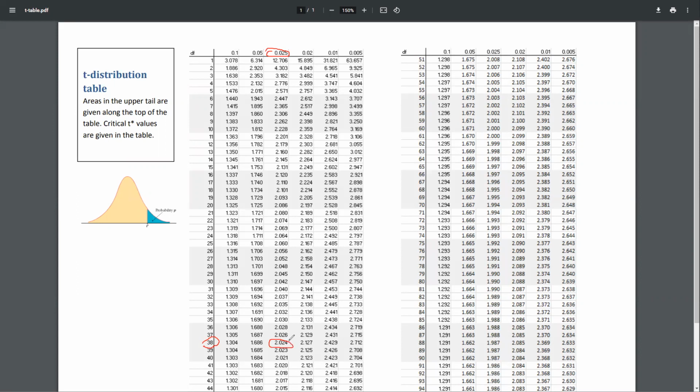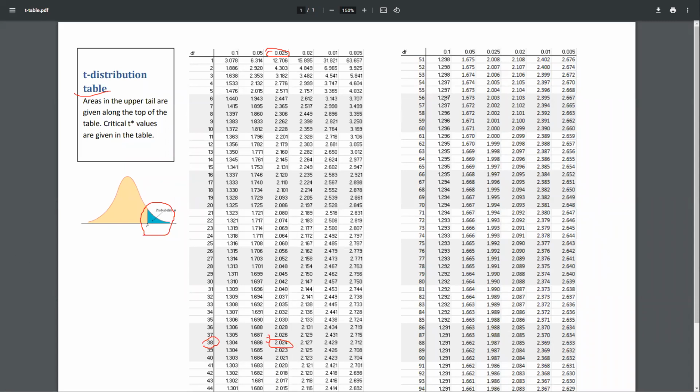Now remember, when you look up the T-scores in a T-table, pay attention to the legend here. So this is giving me the upper tail. But remember, we're doing a two-tail test, so this is going to be plus and minus 2.024.